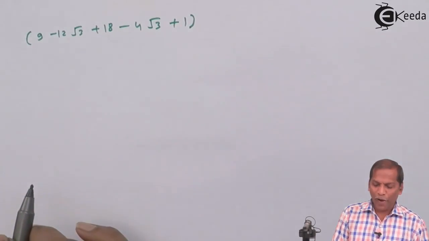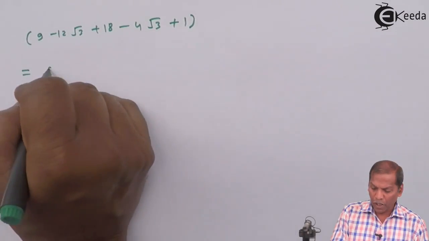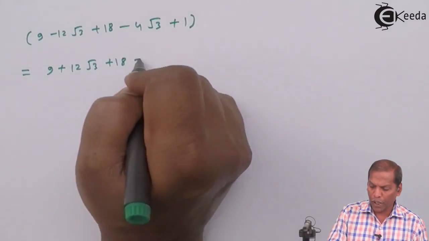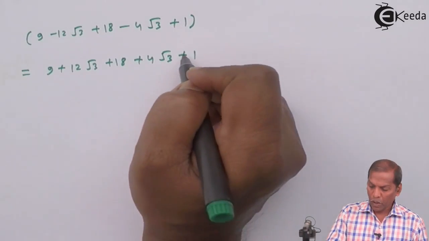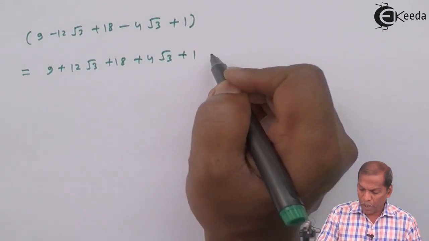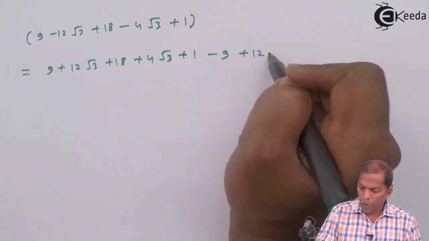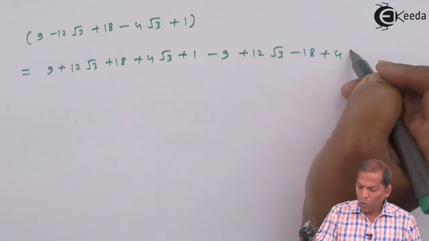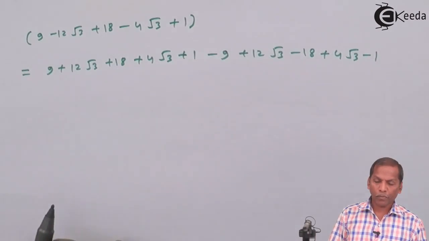So on simplifying further, we write the first bracket as it is, that is 9 plus 12 root 3 plus 18 plus 4 root 3 plus 1. Now if we open the second bracket with minus sign, then we get minus 9 plus 12 root 3 minus 18 plus 4 root 3 and finally minus 1.